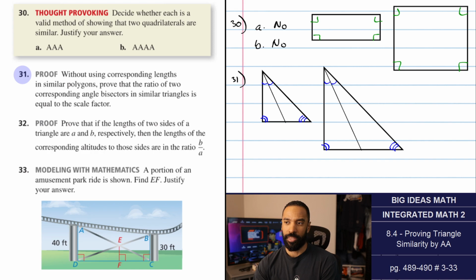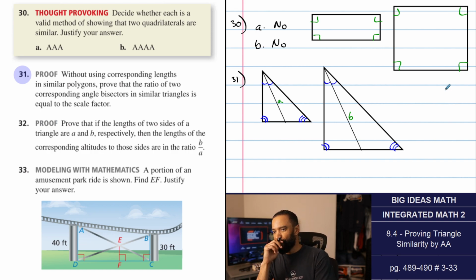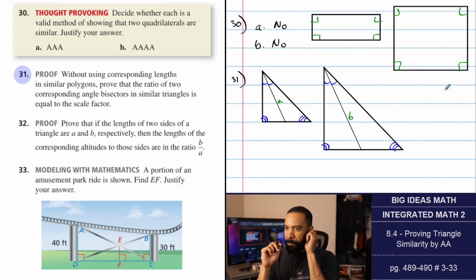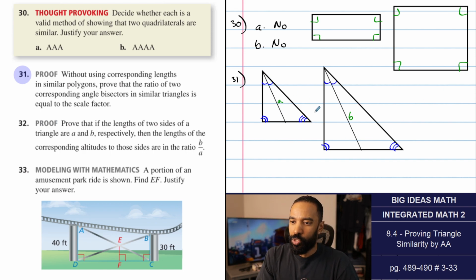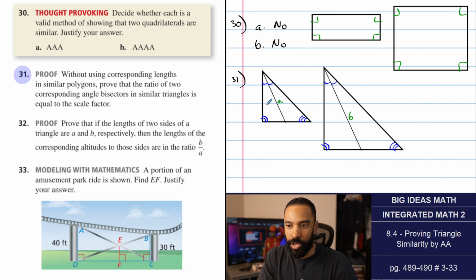Let's call this length A and B. Here's what I'll say. If these 2 triangles are similar, then you have the corresponding angles that are congruent. And when I make an angle bisector, then that means that these little parts are congruent as well.